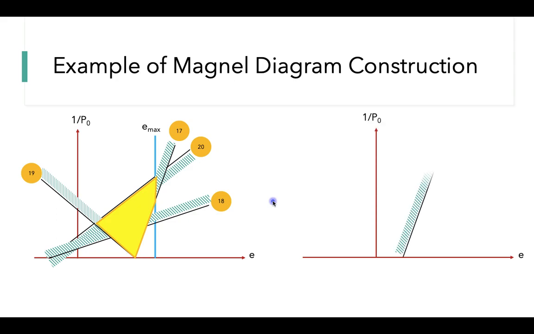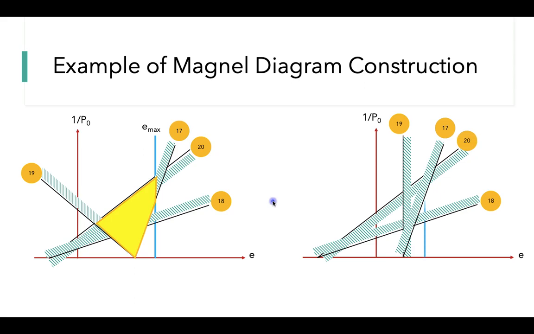The next one is this one. So this is another example, and we can see here this is the permissible area. As for this one, the permissible area is supposed to be here only, where we are going to consider only this area, because we have this 18 line here.